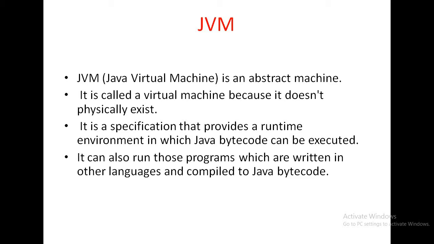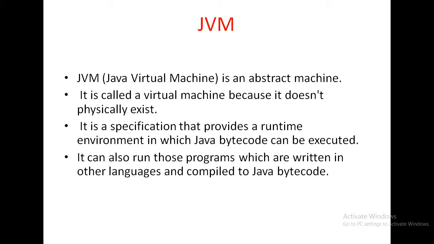When we compile this file, it is changed to a .class file. That .class file is system independent. It is changed to an .exe file with the help of JVM, and JVM is system dependent.